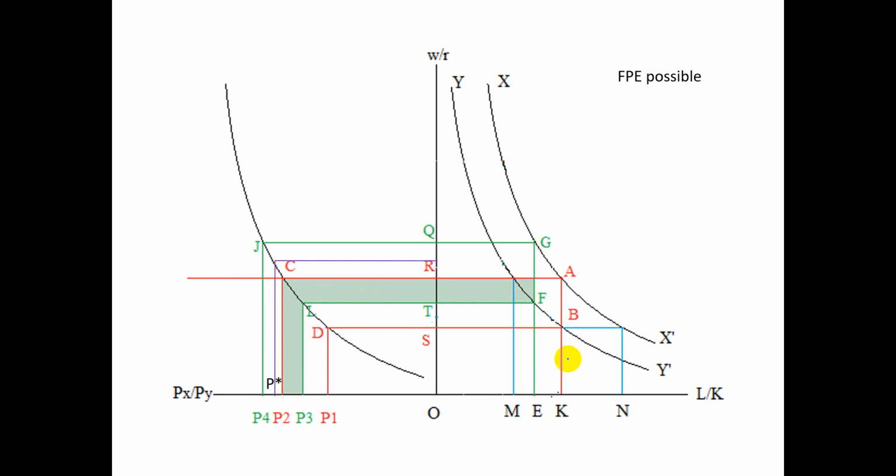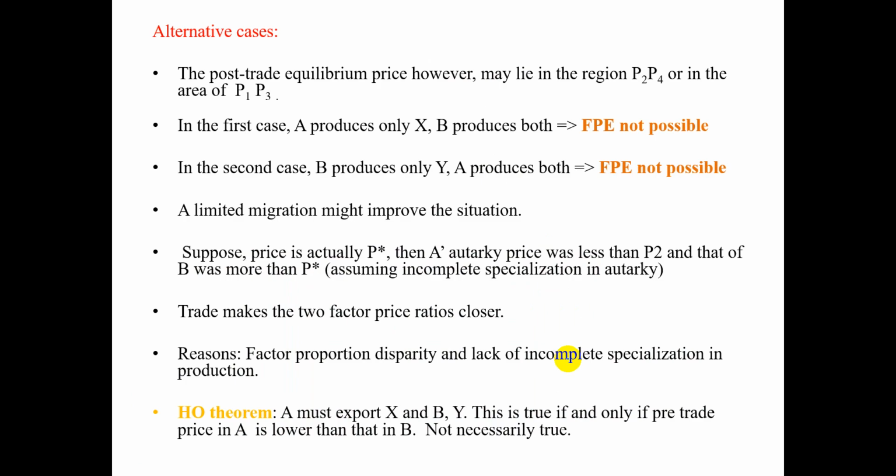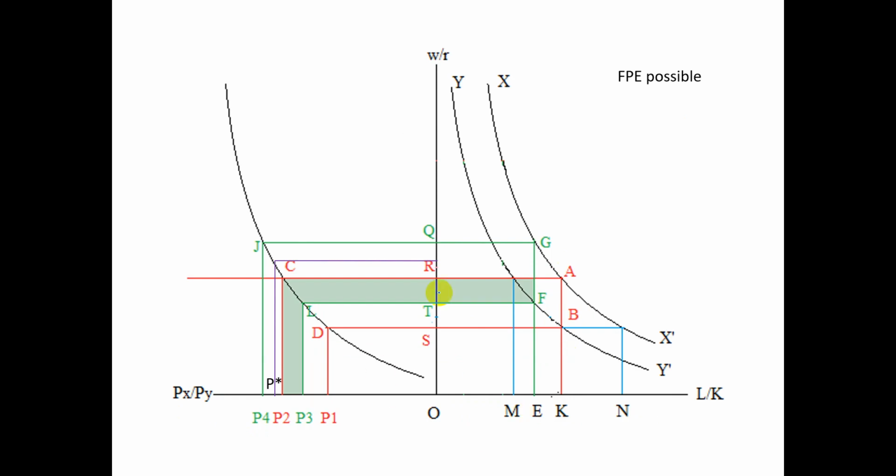Now we consider some other cases also. Now suppose the post-trade equilibrium prices do not lie in the overlapping zone or in the shaded zone. So it may lie somewhere in this region P2, P4, or it may lie somewhere in this region P1, P3. Now that is also a possibility.